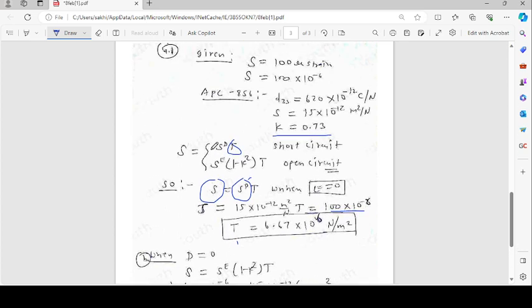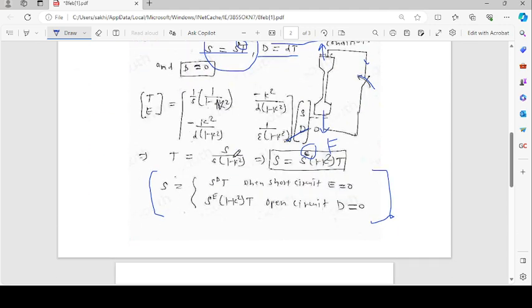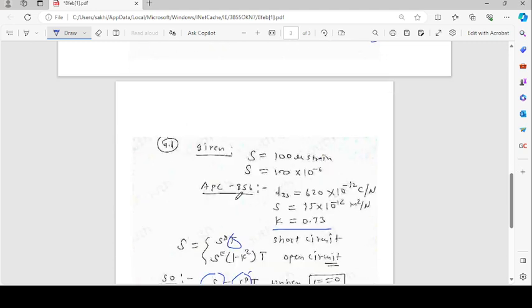And the second question is the stress required to produce a 100 microstrain when the electric displacement is 0. So this is our second condition. S equals S^E, 1 minus k squared, T when the circuit is open, meaning the electric displacement is 0.